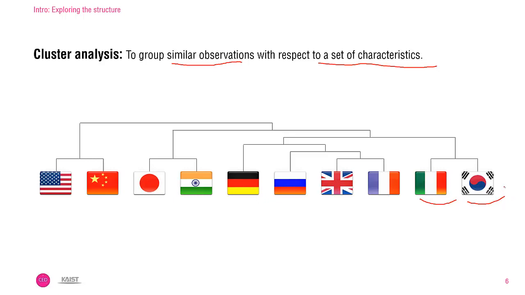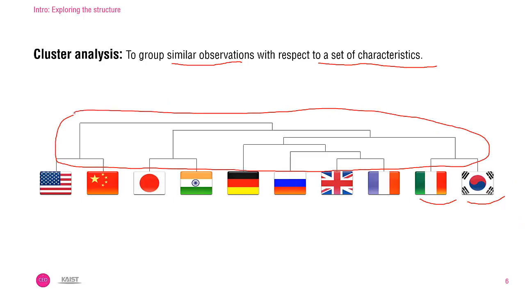Then these two countries will be clustered. When the number of observations, in this case a number of countries, is not that big, then a dendrogram, this tree structure, is quite practical to overview or to observe how each item or each cluster is clustered or joined to another cluster.